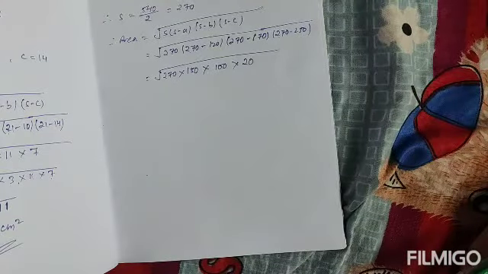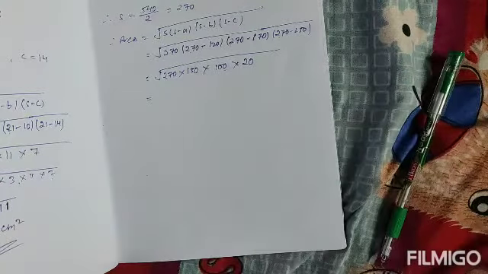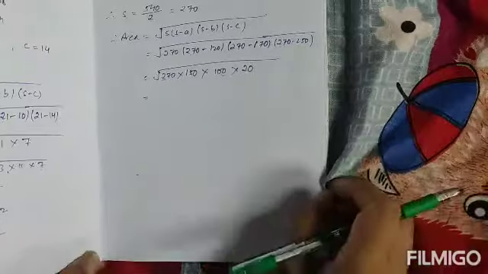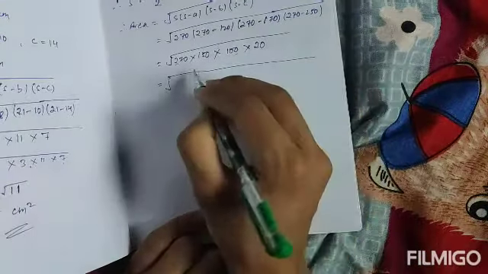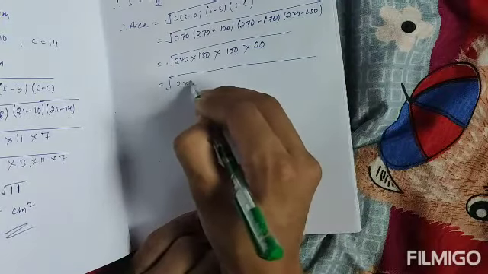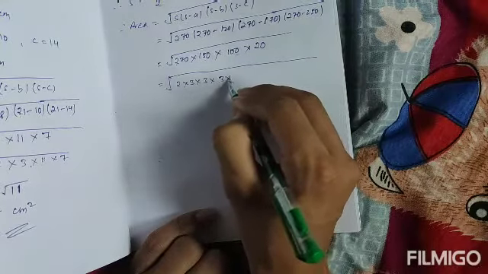Okay, so now what we will do, you will now prime factorize each and every term. So if you prime factorize 270, what will you get? You will get 2 into 3 into 3 into 3 into 5.